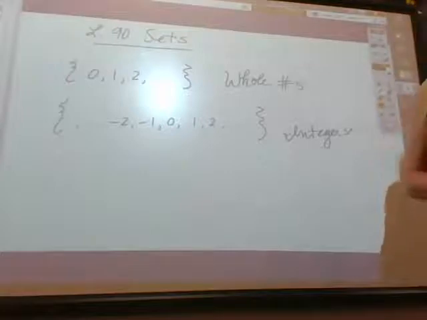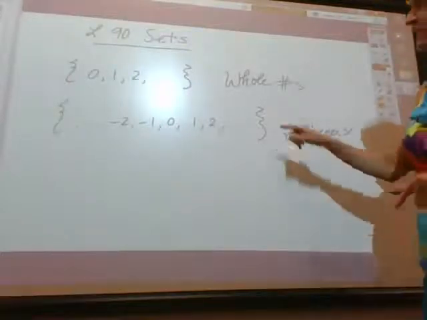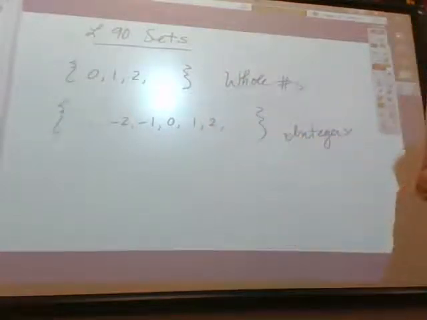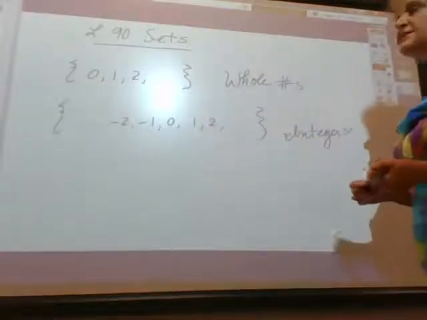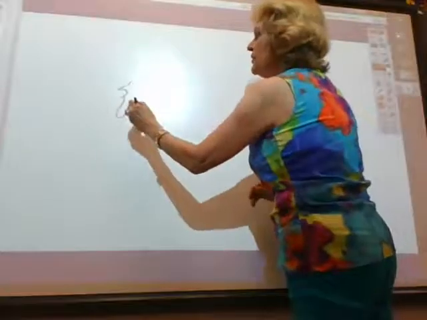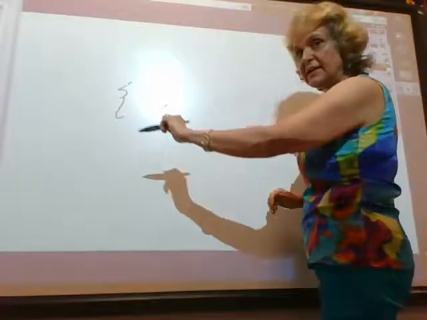So the first exercise is example 1, and it says use set notation. So that means you're going to use the braces. They don't have to be drawn perfectly, but you're going to illustrate the set of even integers. It goes on forever in the negative direction.